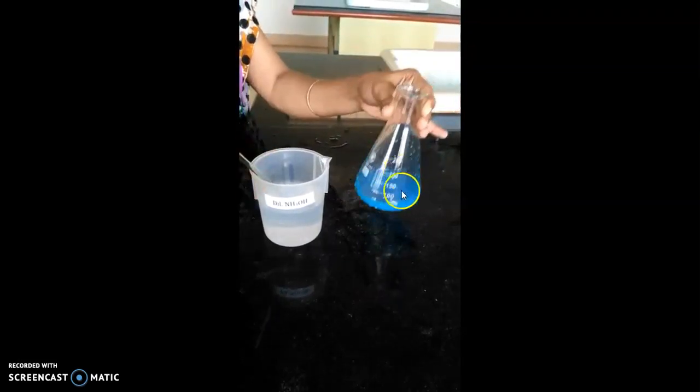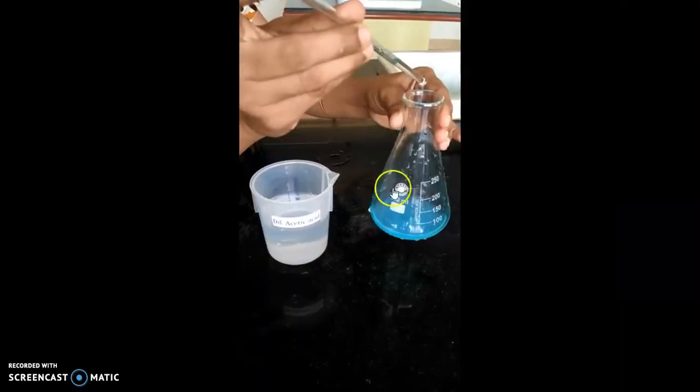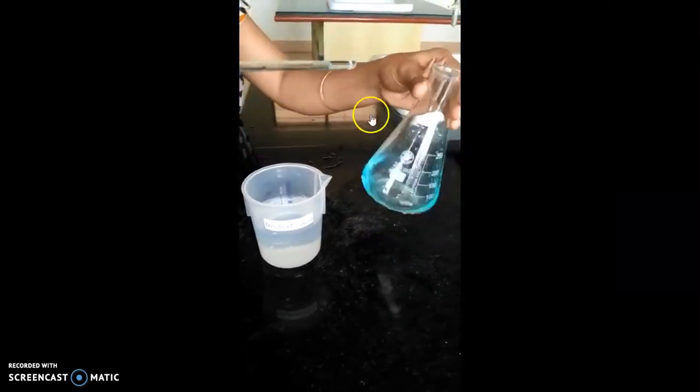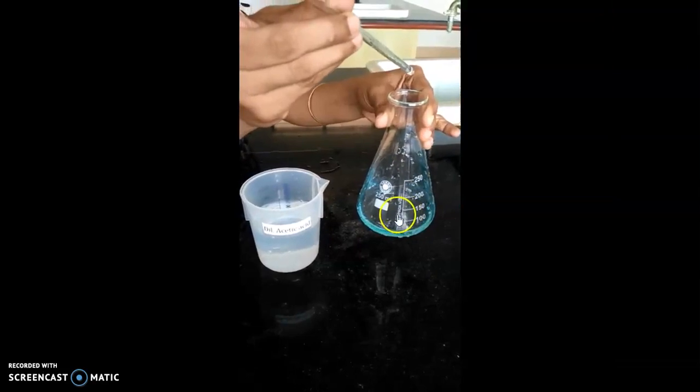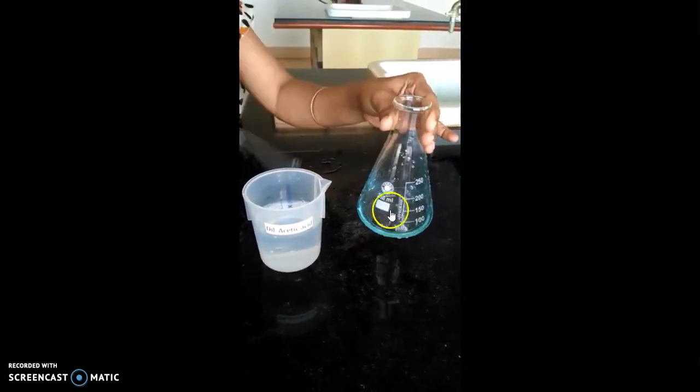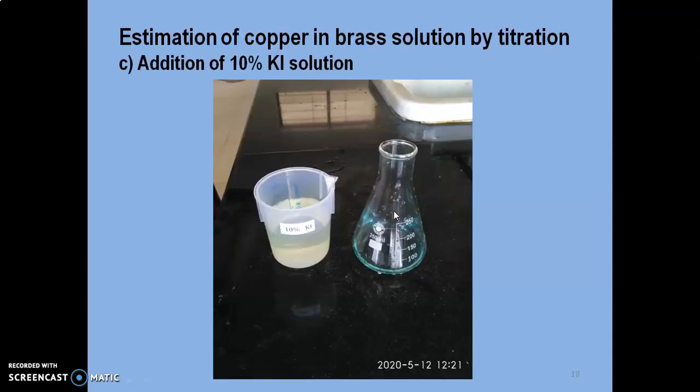Later, addition of dilute acetic acid is done until the precipitate dissolves, to neutralize the excess ammonium hydroxide. Few drops of acetic acid are added carefully until the blue precipitate dissolves.